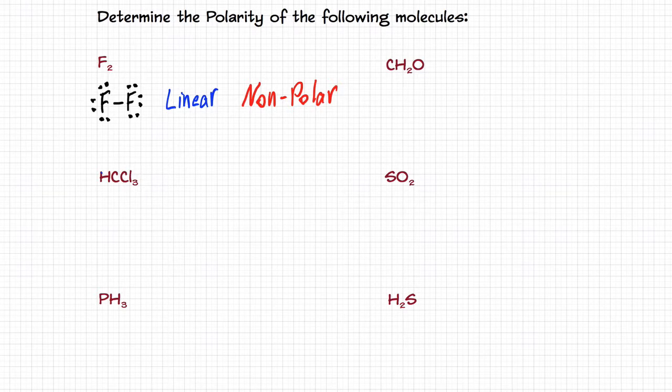Okay, for the next one, this is Mr. Chloroform. And the Lewis dot looks something like this. The class of the compound is AB4, and that makes it a tetrahedron.